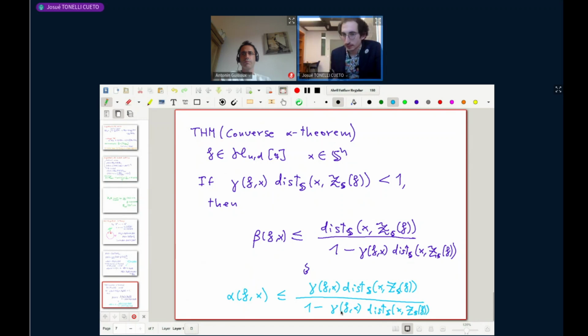The important thing is that if the distance to the zero set is small enough in terms of gamma, then the alpha criterion holds.